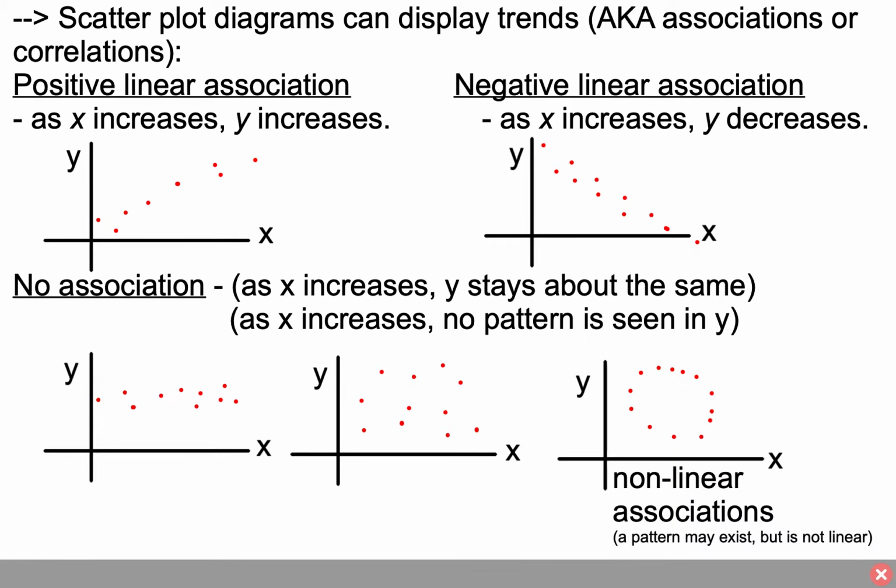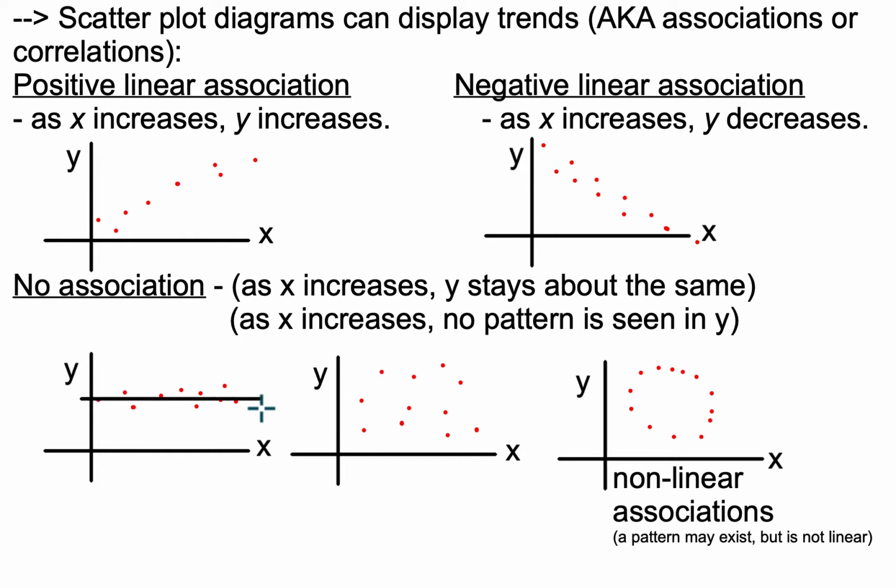Now there are 3 different types of no association. As x increases, y stays about the same. So the dots do tend to go close to a line. But that line has 0 slope.